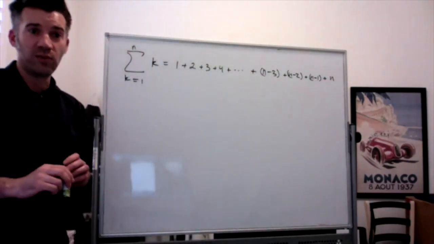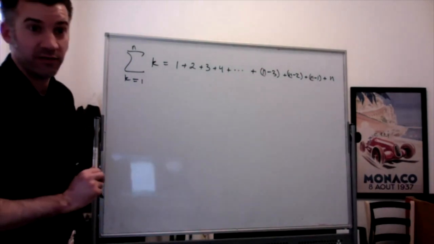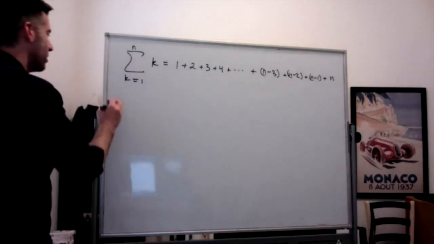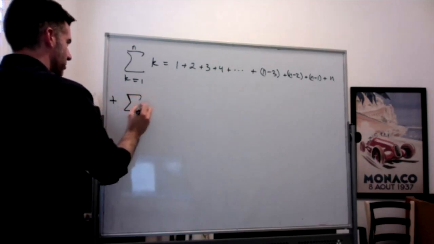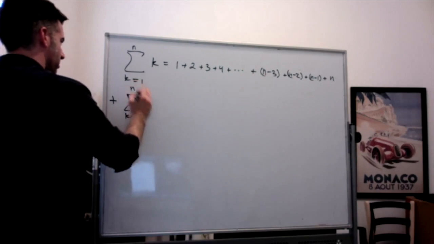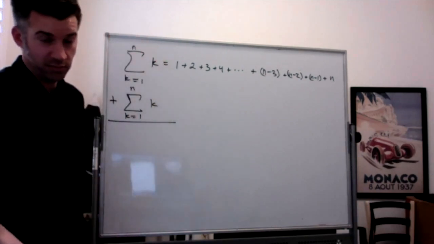Well, there's a really, really slick way of doing this. I'm going to add it to itself. Now check this out. I'm going to add the sum again. So I know that when I add this together, I'm going to get double.